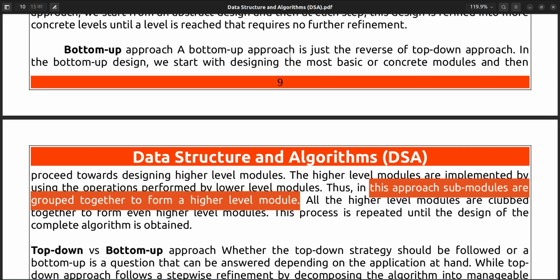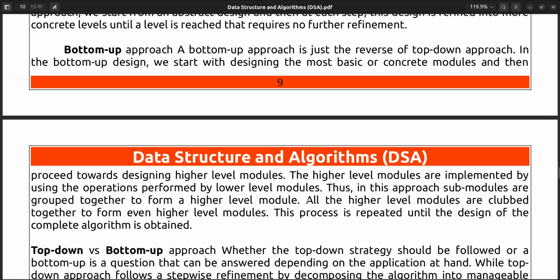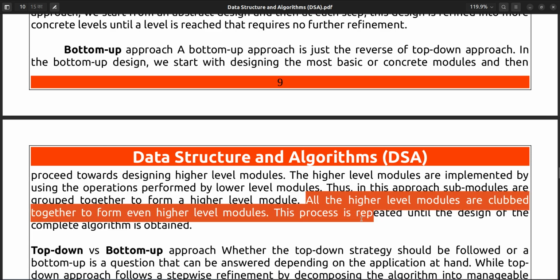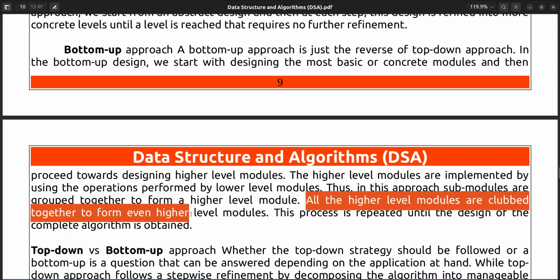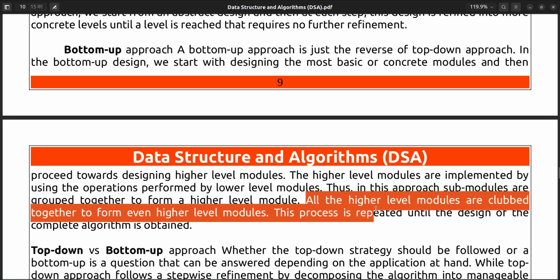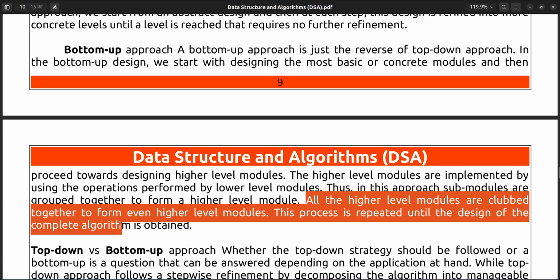So sub modules are grouped together to form a high level module, and high level modules are clubbed together to form even higher level modules. This process repeats until the desired complex problem is obtained. In the end we get a complete structure of our calculator algorithm.